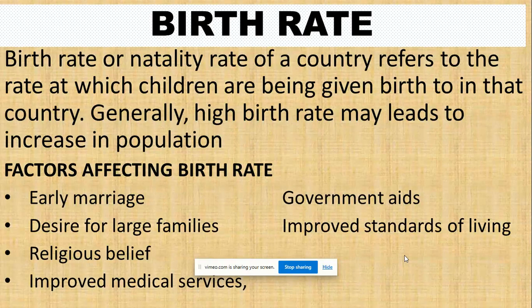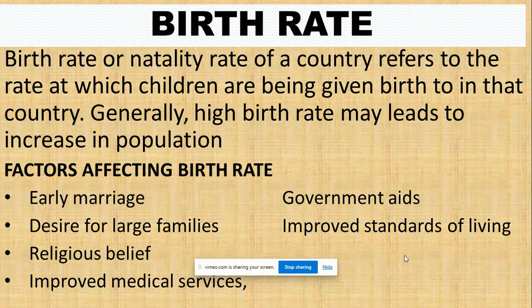Now let's move to the factors affecting the birth rate. What are the factors affecting the birth rate, students? One, we have early marriage. Early marriage can lead to an increase in the population size and growth. Then desire for large families. You can decide to have two members of family, three, five, six, and so on and so forth.